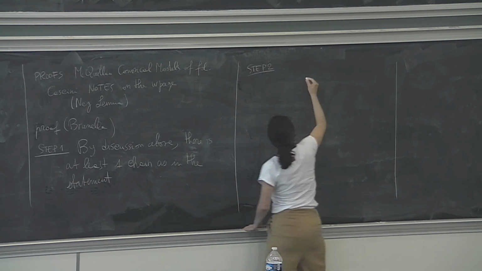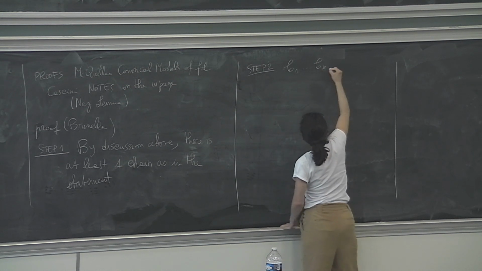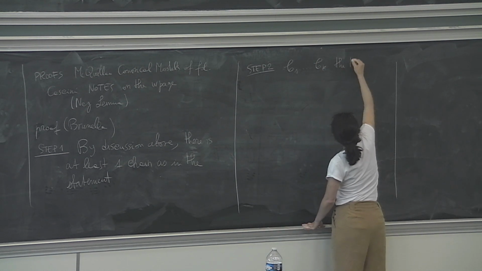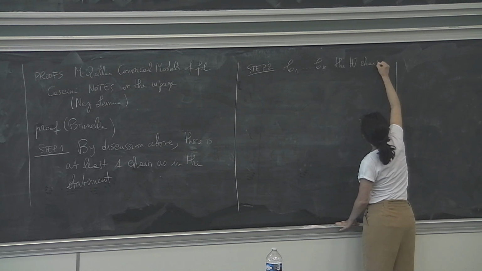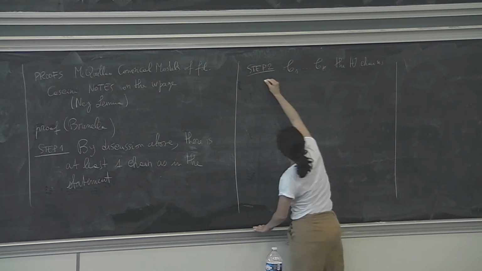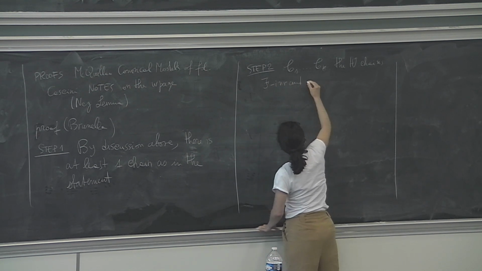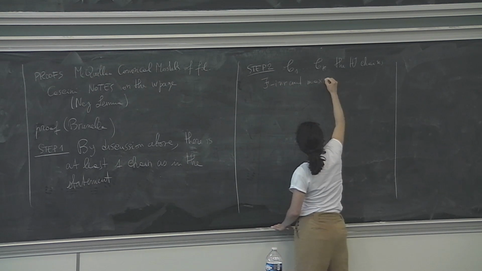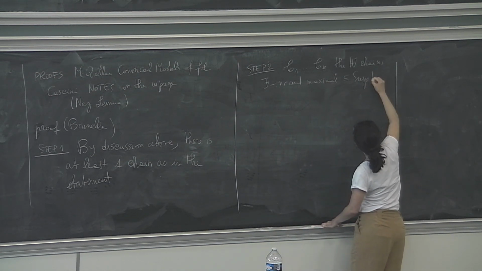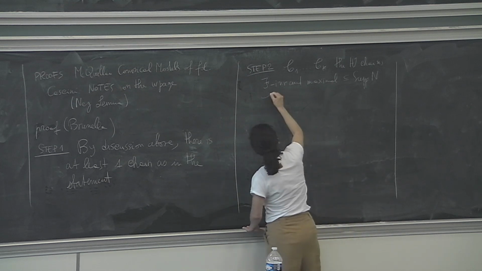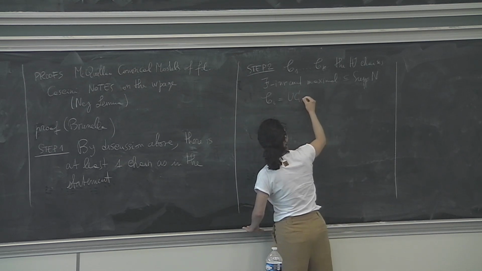So we denote by C1 to CK the Hirzebruch-Jung chains, F-invariant and maximal inside the support of N. And my notation for the irreducible components will be Cij.